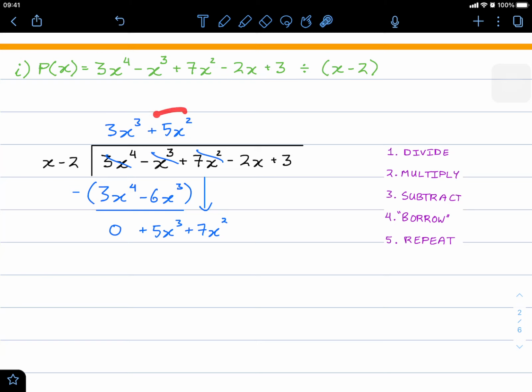We multiply this times x, that gives us 5x cubed. 5x squared times negative 2 will give us negative 10x squared. We're finished with the multiplication. Let's now do the subtraction.